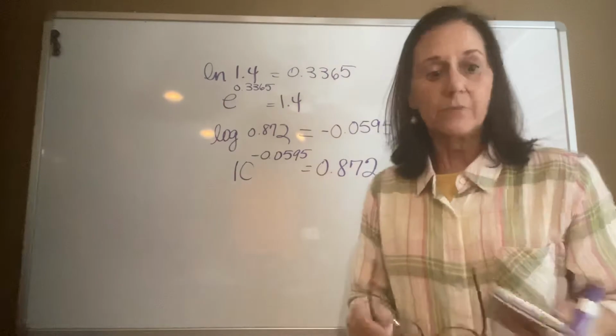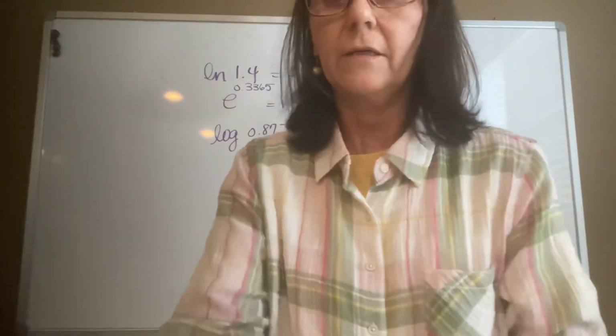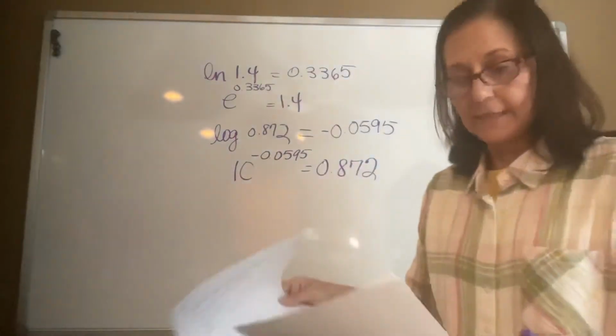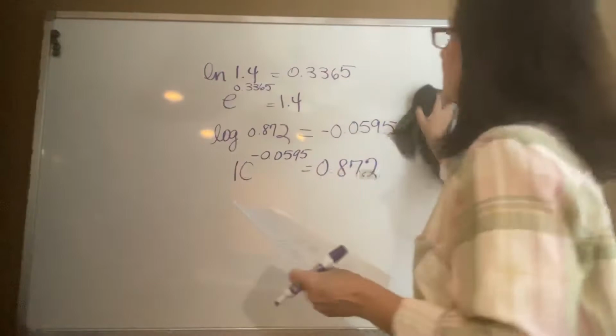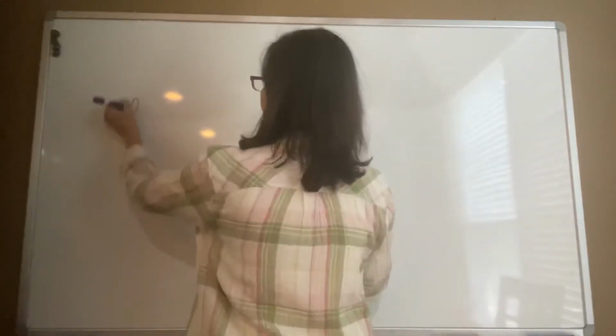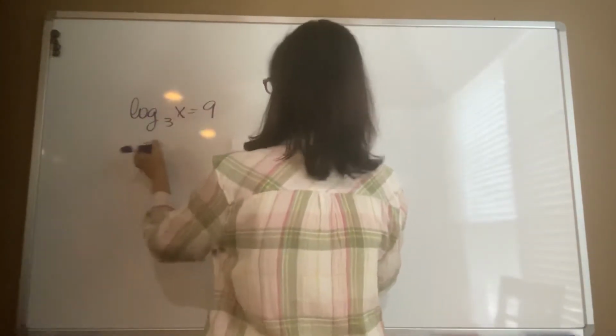Okay, now let's practice a couple going back and forth between logs and exponents. So we'll do a couple both ways. All right, so we'll do the log base 3 of x is 9.